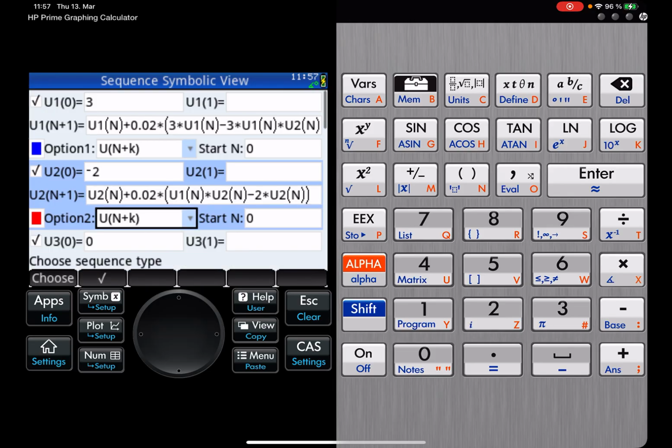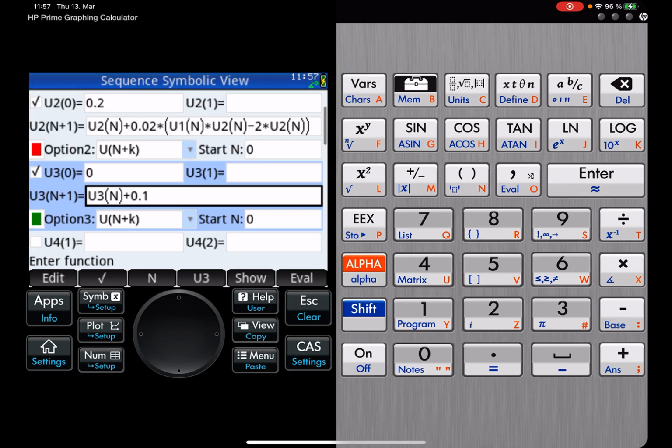And I'm in n plus k, I start at 0, but my initial condition when time is 0, the y value was 0.2. And then my final one, that equation is correct, right? u3 is t, so t of n plus 0.1. I start at 0, it's n plus k, and t starts at 0.